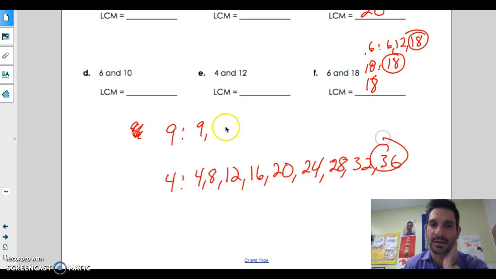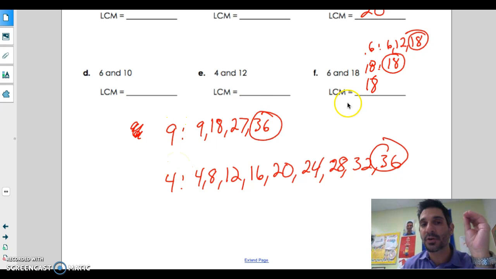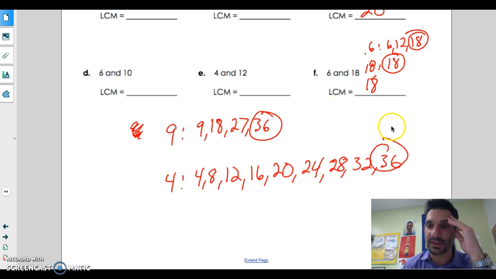So there it is, because it's 9, 18, 27, 36. Sometimes you can just multiply, but if you don't get the least common multiple, you're going to have to reduce later on. So you can do it now or do it later.